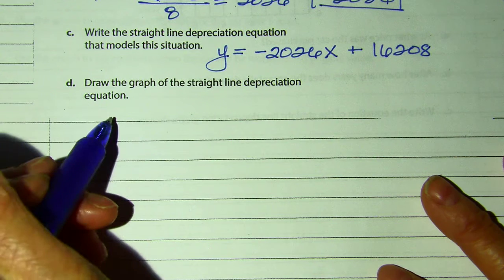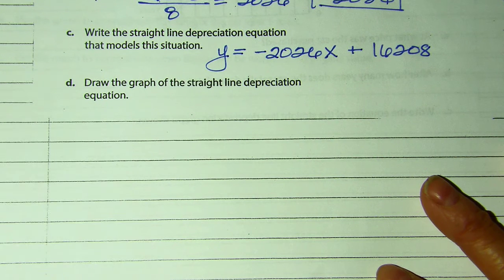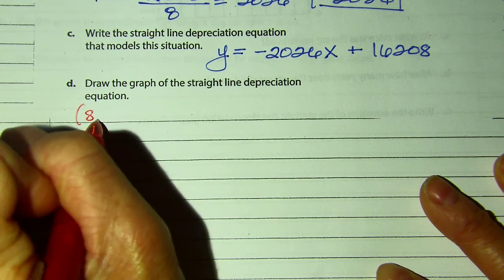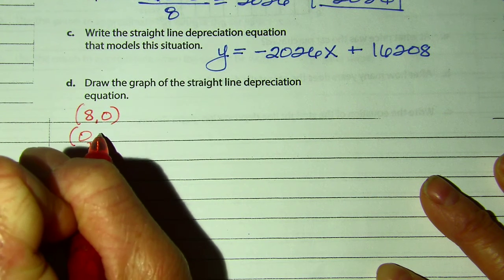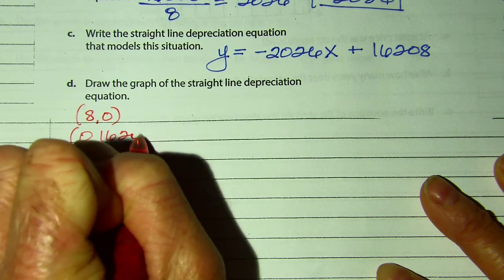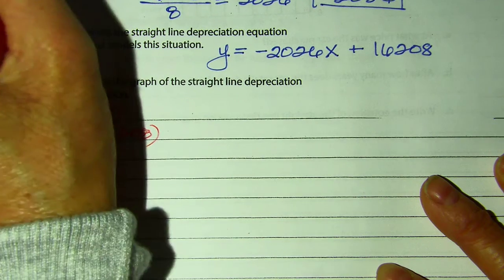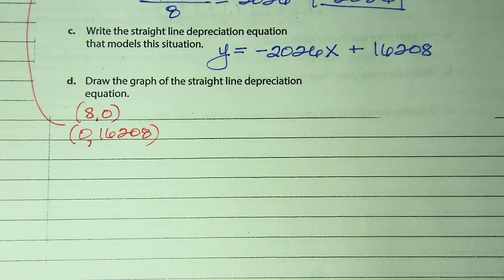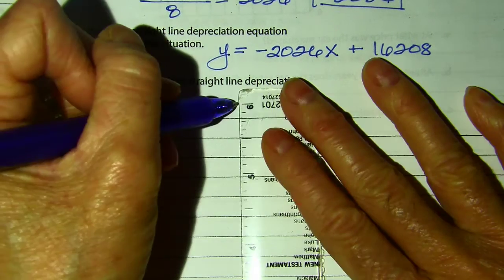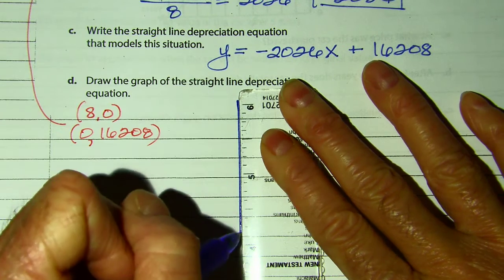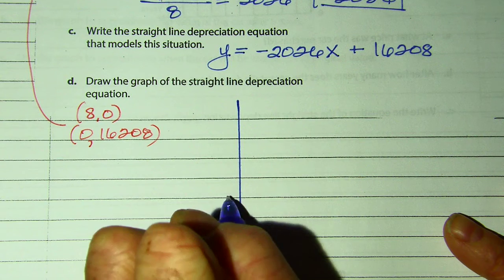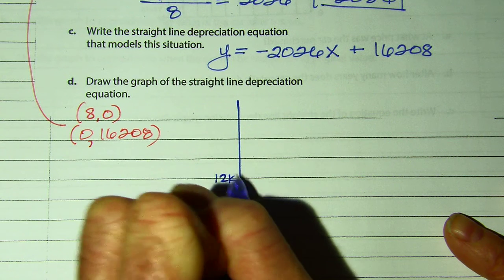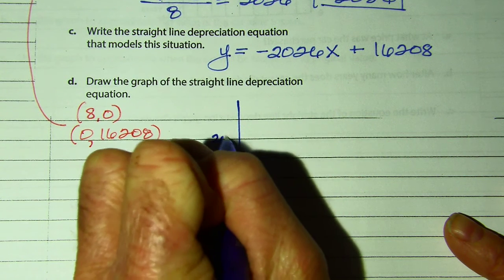Draw the graph of straight line depreciation. Remember, I'm only graphing those 2 lines or 2 points I put in part A. Now I notice my numbers are even. So this time I'm going to go by 4s. 4, 8, 12, 16, 20.